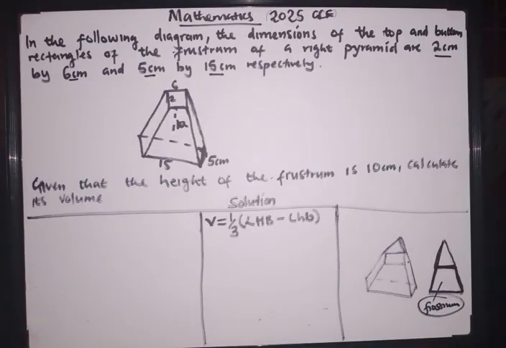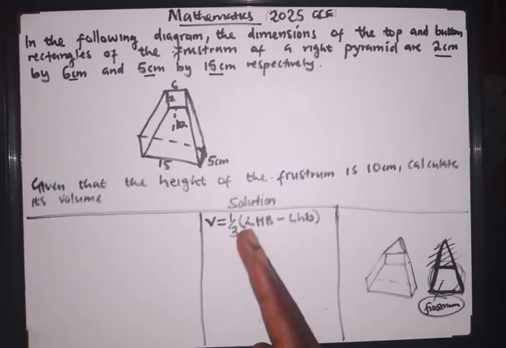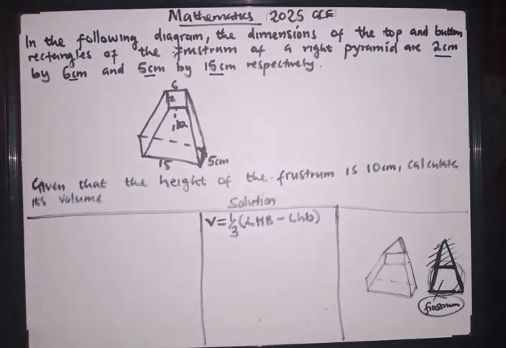Meaning for us to calculate the volume of this frustum, we need first to calculate the volume of the entire pyramid. Then we subtract the top part. If we remove the top part, we are going to remain with the volume of the frustum. So that's where this formula you are seeing is coming from.